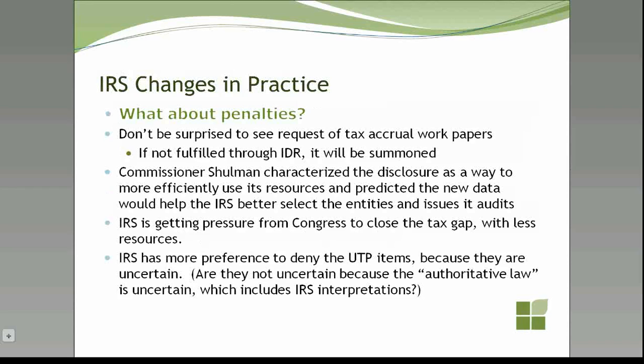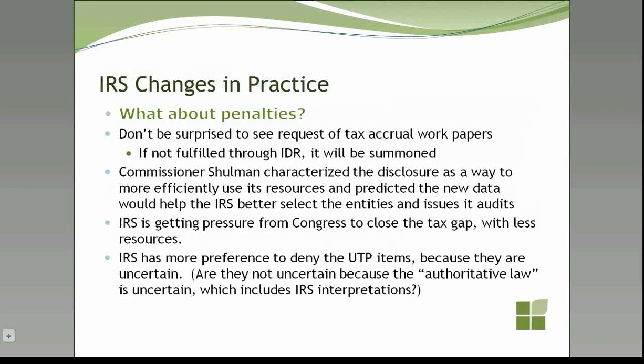For those who have been through exams, maybe issue management exams, Tier 1 exams, you're probably familiar with statements that would sound like this. You might hear that, well, the reason why we're denying this issue on the research credit is because the issue is uncertain. And that's going to be their denial.